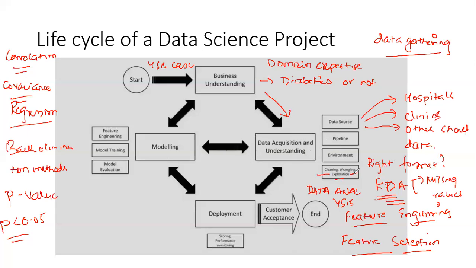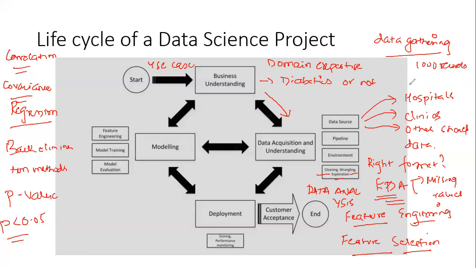Now, after that, we should also check whether our data set is balanced or imbalanced. Balanced and imbalanced data set basically means, suppose you are trying to find out whether a person has diabetes or not, and in your data set you have around 1,000 records.